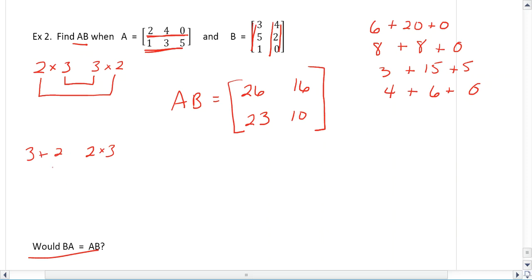If we did BA, your answer is going to be a 3 by 3 matrix, not even close to this answer. So when we are asked this, are they the same, commutative? Absolutely not. Matrix multiplication is not commutative at all.